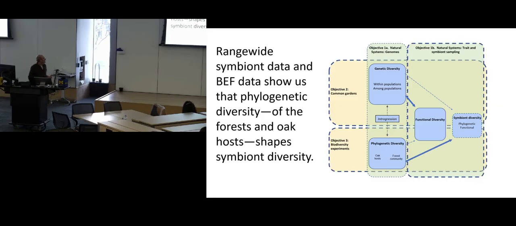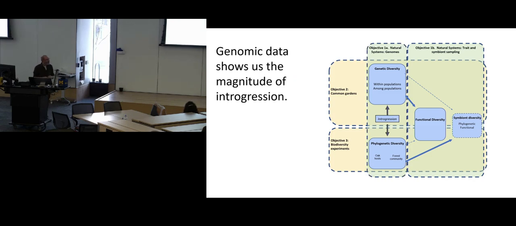Range-wide symbiont data and the biodiversity ecosystem function data show us that phylogenetic diversity, both the phylogenetic diversity of the forest around a host tree and the phylogenetic identity of the host tree, shapes symbiont diversity. And genomic data shows us the magnitude of integration. Again, we'll talk about this a lot more tomorrow.